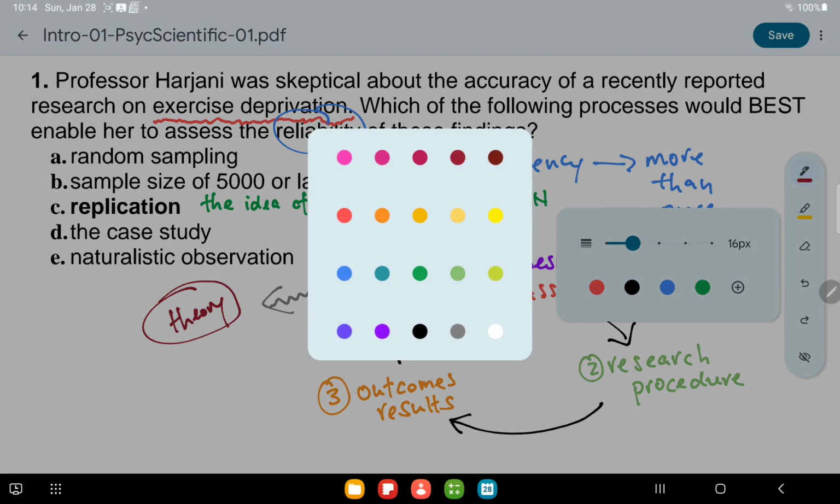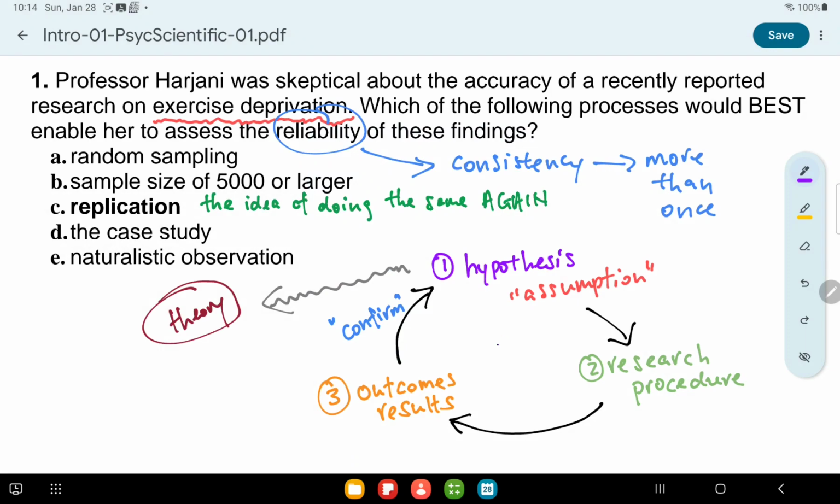We might want to consider doing the same thing over and over again. Hence the idea of replication.